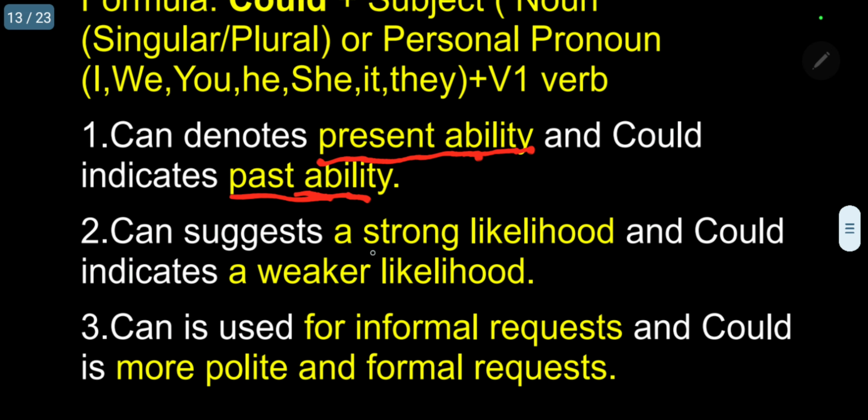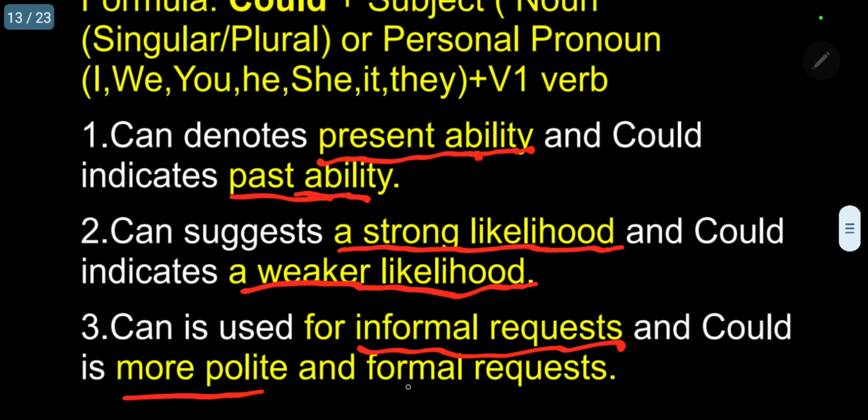Number 2. Can suggests a strong likelihood, and could indicates a weaker likelihood. Number 3. Can is used for informal requests, whereas could is a more polite and formal request. This is very, very important.